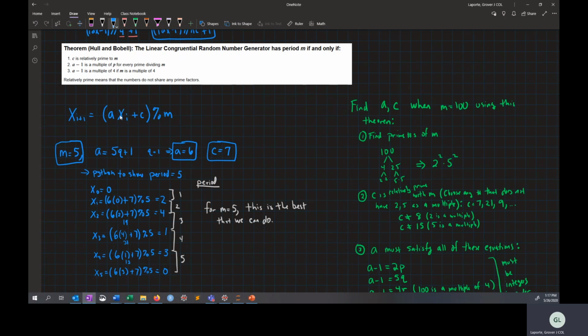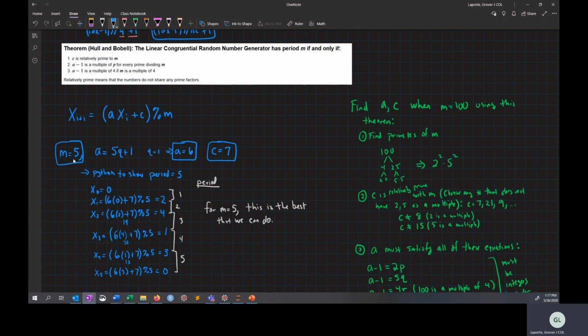For example, let's suppose that we start off at 0. So 0 times A plus C, and then modulo whatever your M is. We want M to be a very large number, and we want to get the full period, called a period of M. So we're going to use this theorem, and we'll use it over here in a more difficult problem, to ensure that we get a maximum period for whatever our M is.